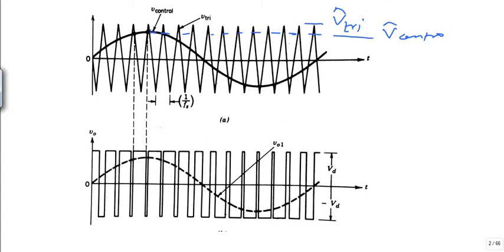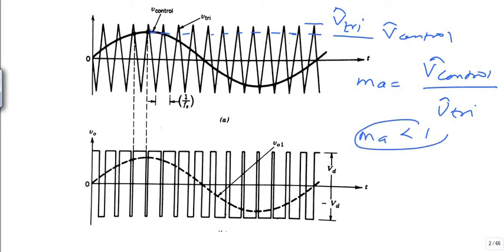So we can say that MA is equal to V control by V TRI, so it is less than 1. Under this condition, my amplitude modulation index is less than 1.